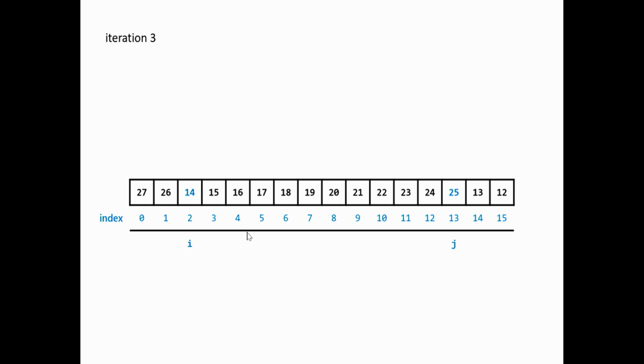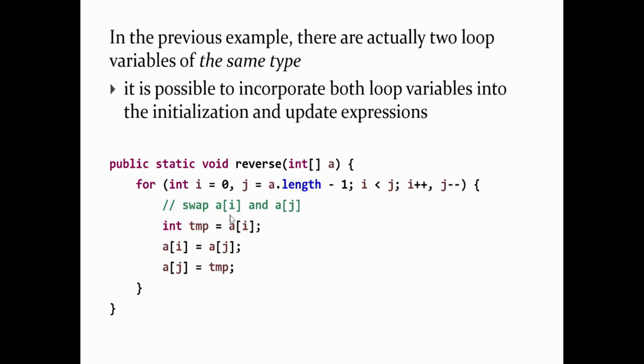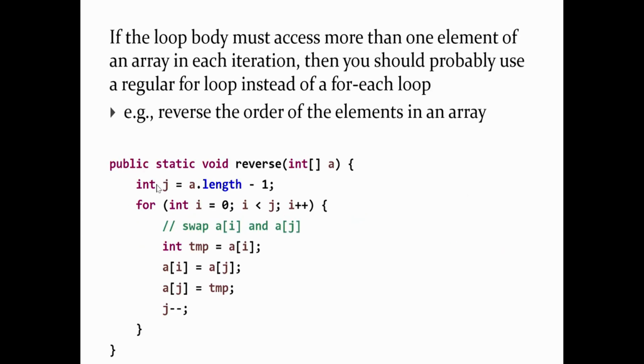In this case, the scope of i and j is just the body of the loop. Sometimes you actually need those loop variables after the loop is done, because you need to process something, like trying to find the index of something and then processing that thing. If that's what you're doing, you have to declare the variable before the loop, if you want to use it again after the loop.